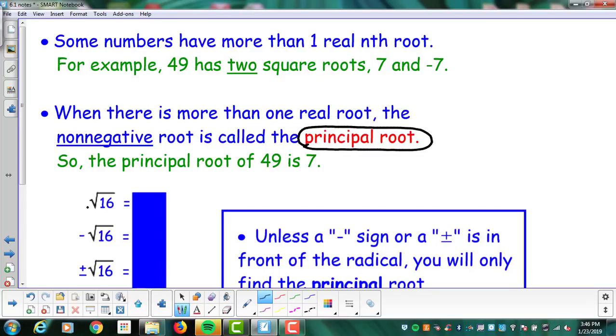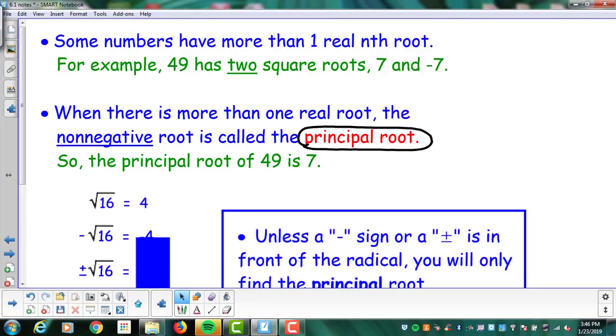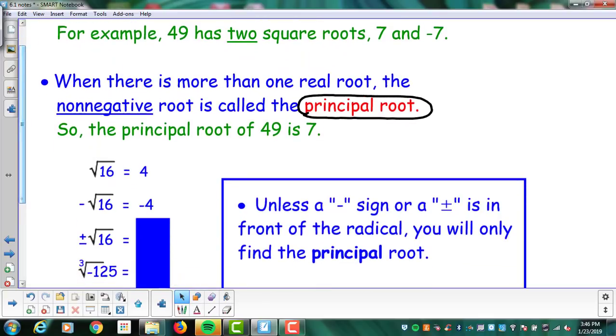So whenever there's a square root here and there's no sign in front of it, it's assumed to be the positive root. So you would just have 4. But on this one, it's asking for the negative square root of 16. Hence, you would answer negative 4. But then if it's asking for positive and negative, then you would include the positive and the negative.